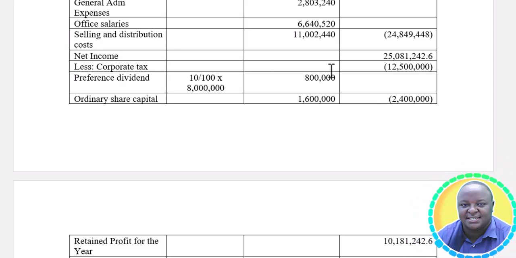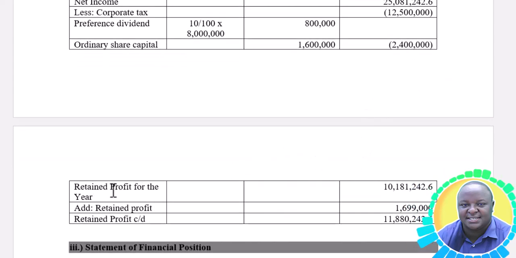You less the corporate tax and the preferred dividends, also plus the ordinary dividends, which has been given also at 10%. You will get that total to be 2,400,000. So if you less that, you will get the retained profit for the year, which is 10,181,242. Then you add the retained profit, which we have been given from the trial balance. Of course, you get the retained profit carried forward.